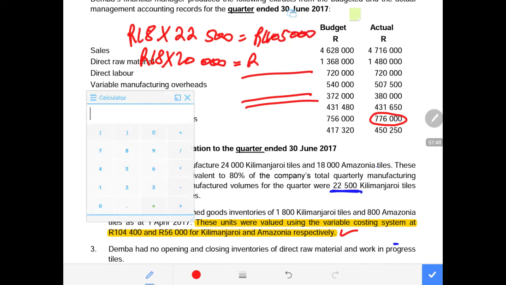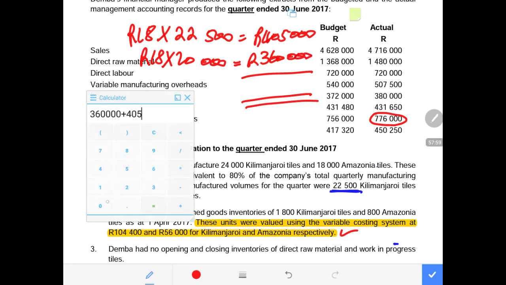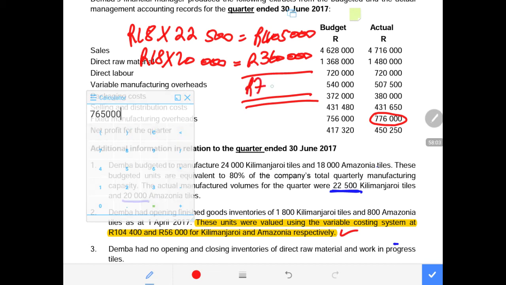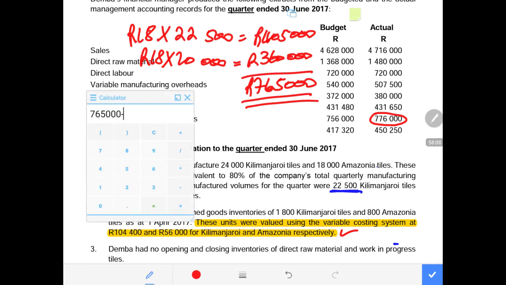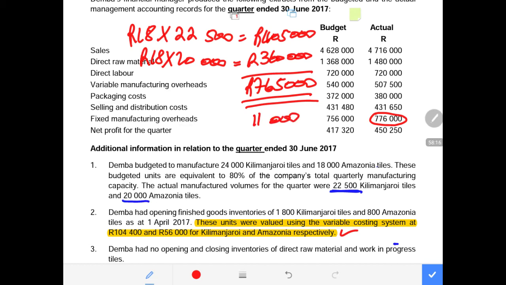Then 18 by 20,000 gives us 360,000. 360,000 plus 405,000, we get 765,000 minus 776,000. We get 11,000 as our over or under.